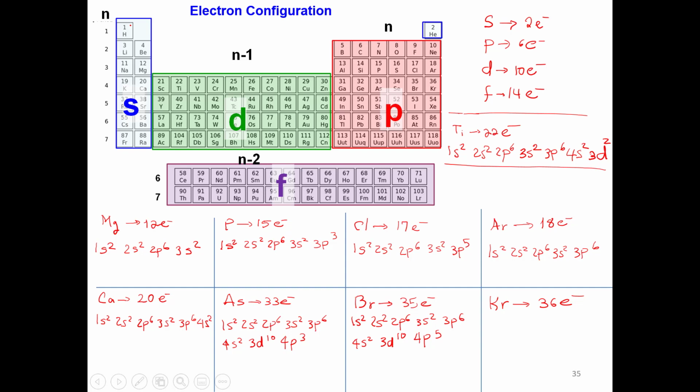It will be 1s2, 2s2, 2p6, 3s2, 3p6, 4s2, 3d10. Yes, it's 3d10, and it's here. Then the last will be 4p6.